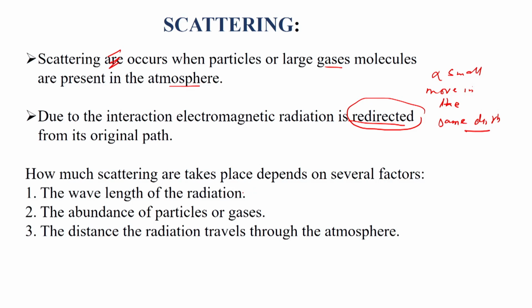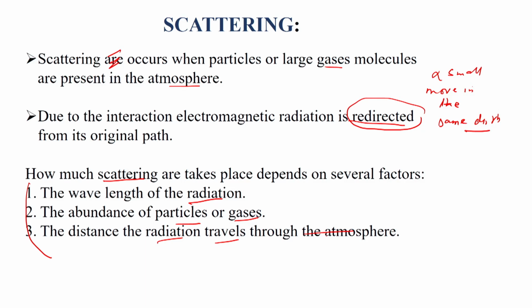So, the next question that comes is how much radiation can be scattered, and this depends on many important factors. For example, a few are listed here: the wavelength of the radiation, the abundance of the particles or gases, how much their concentration is, and the distance the radiation travels through the atmosphere.